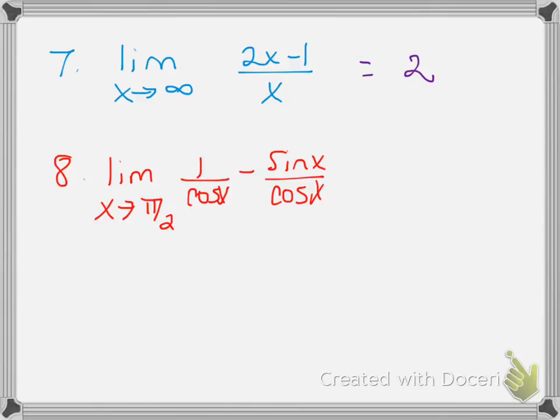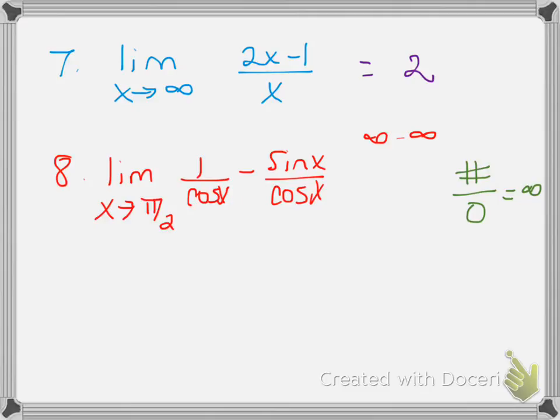If I plug in pi over 2 on each of them, I end up with infinity minus infinity, because that would be 1 over cosine of pi over 2, which is 0. 1 over 0, that's another rule I didn't show you yet, but a number over 0 means the bottom's getting really, really small. This is going towards infinity. So we have infinity on that first one, minus sine of pi over 2 is 1, cosine is 0, so again that's 1 over 0, so that's another infinity.